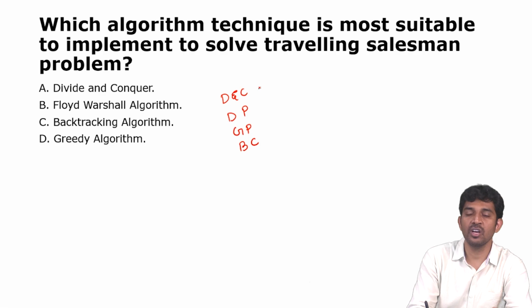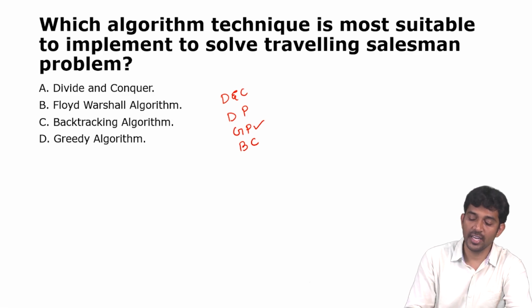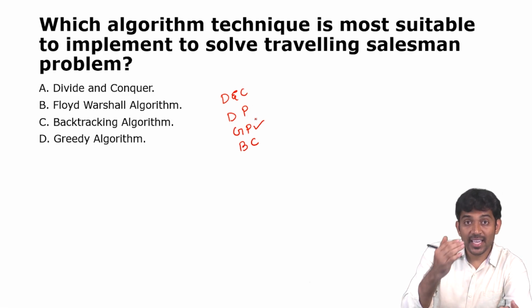If you consider divide and conquer, merge sort, quick sort and binary search all come under it. Under dynamic programming comes the traveling salesman problem and the NQ problem; all such problems come under dynamic programming. The greedy approach covers the job sequencing algorithm and similar problems. Backtracking covers problems like the NQ problem.